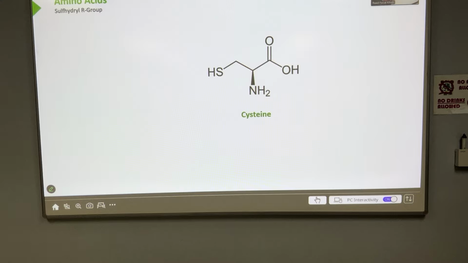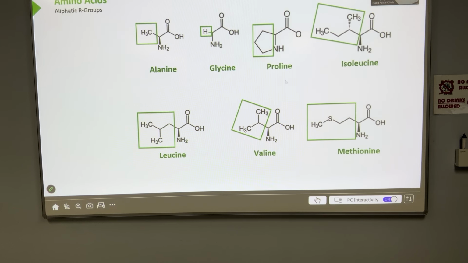Remember, the same way we learned that something very special about glycine is it is achiral, its R substituent is hydrogen. We also learned that proline has an R group that has a ring with its amino terminal, right?